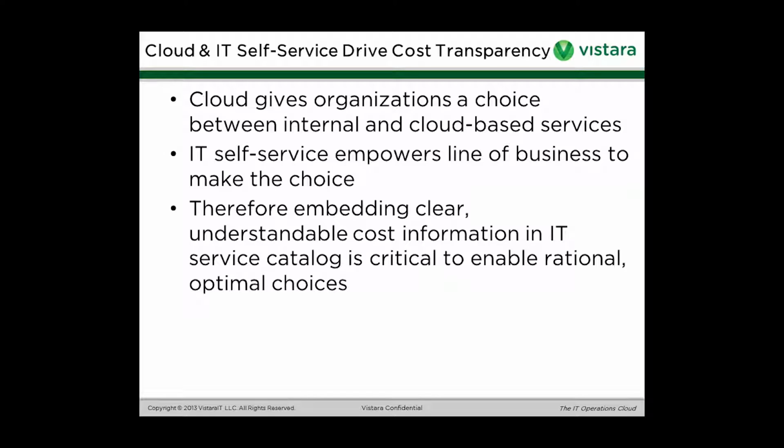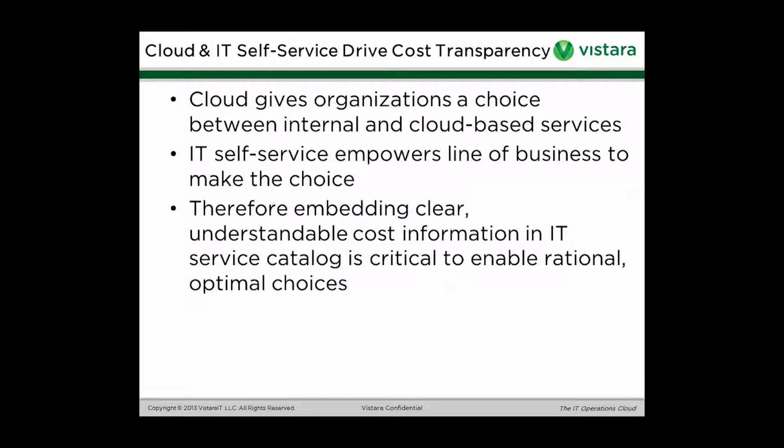So one way this is emerging is making service available through a self-service catalog so that line of business professionals can request the services they need through a catalog when they need them and get them in a pretty much on-demand fashion. This is definitely a best practice. And we're seeing more and more, at Vistara, we're seeing more and more of our customers talking about this as the direction they're taking their organizations.